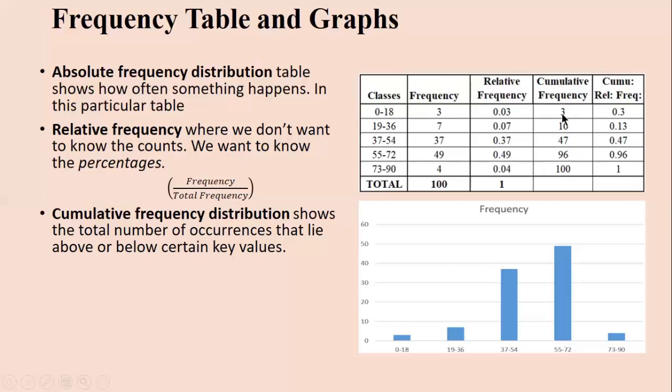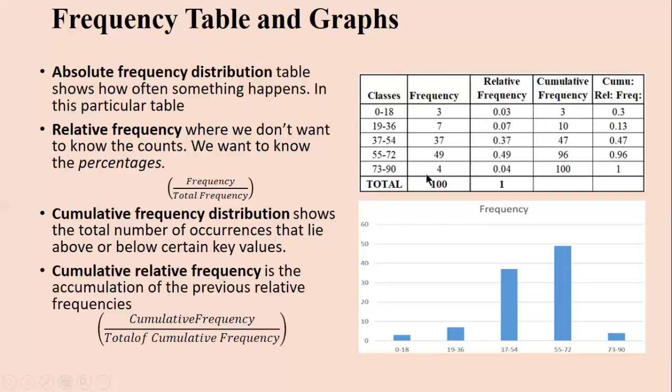So in the cumulative frequency distribution, we have added each frequency to the previous addition, so we can see the total number of occurrences that lie above or below a certain level of classes.